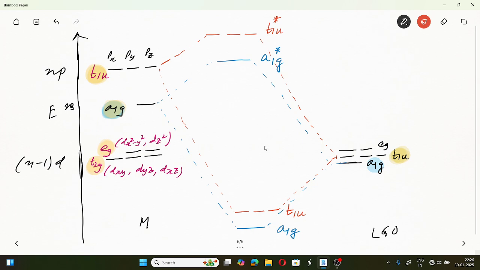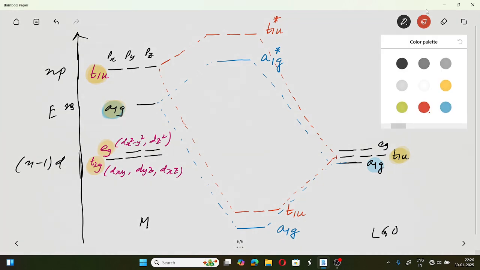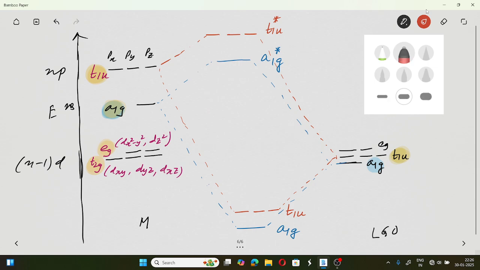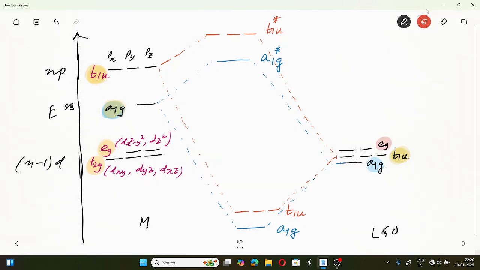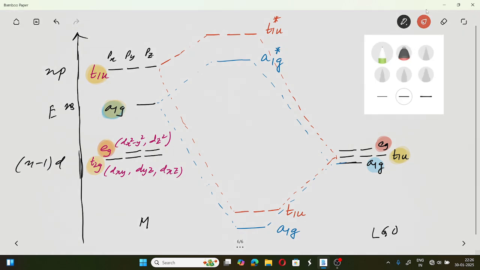Then look at this EG, the EG set of orbitals. If you look at the EG set of orbitals, see this EG and this one, they will combine once again to form a BMO and an ABMO, isn't it?